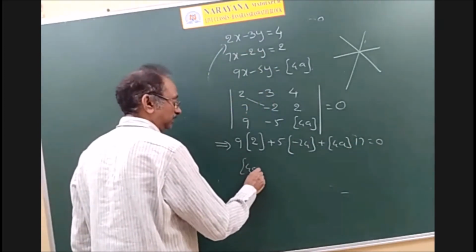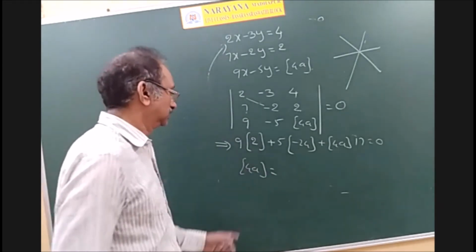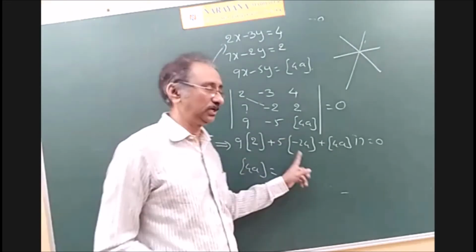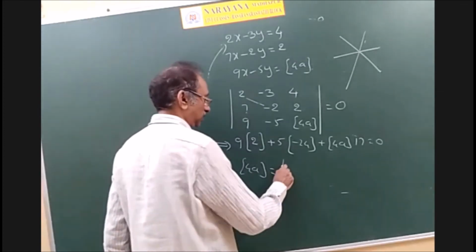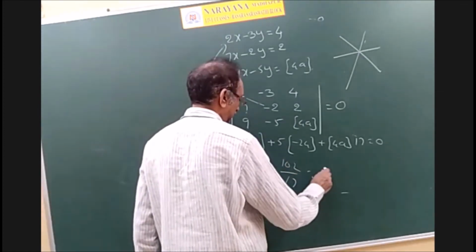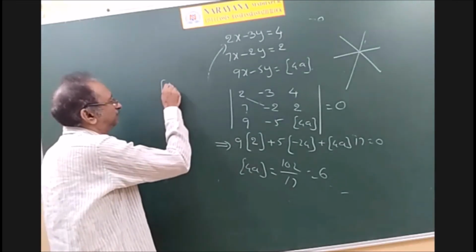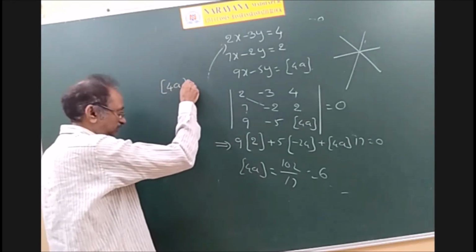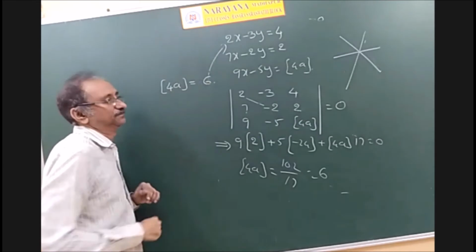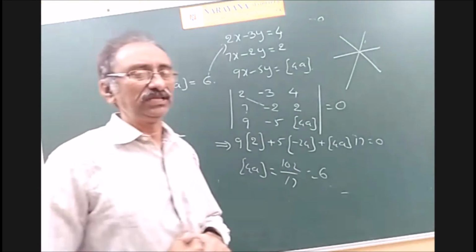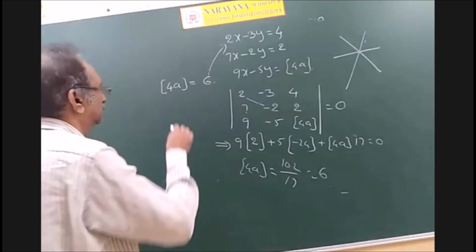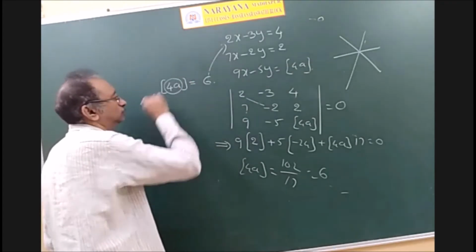Therefore, integral part of 4a is equal to this is 18 minus 120, minus 102, it becomes 102 by 17, that is 6. And therefore, integral part of 4a is equal to 6.